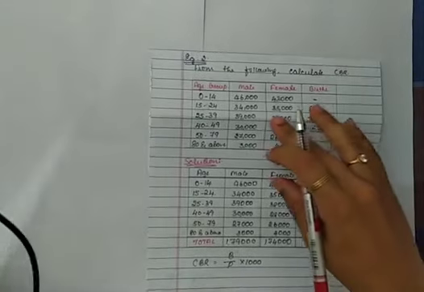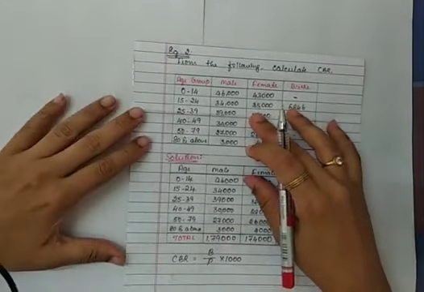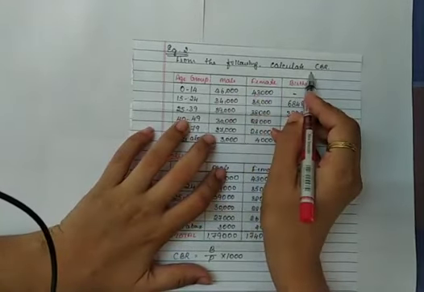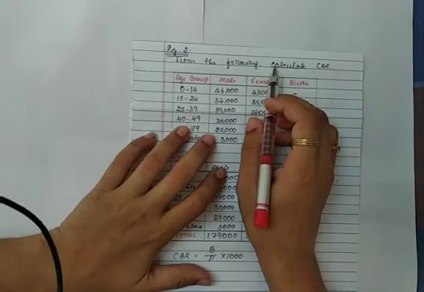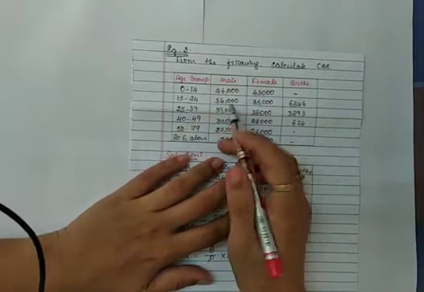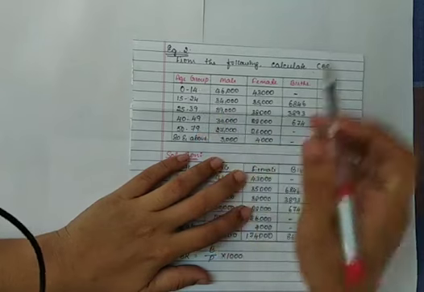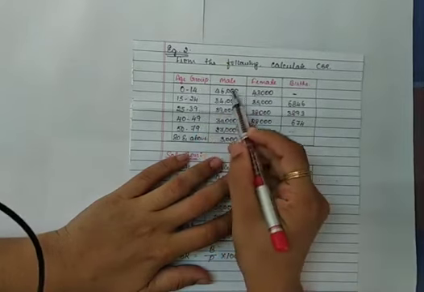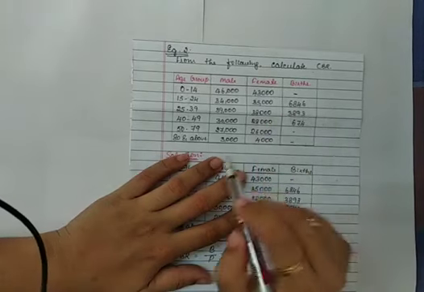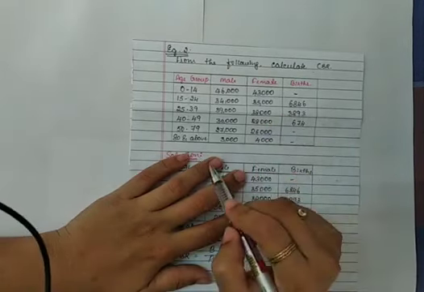Now let us see the second example. From the following data, calculate CBR, crude birth rate, and these are the data. The age group is given, 0 to 14, the male and female numbers are given, and also the births are given.